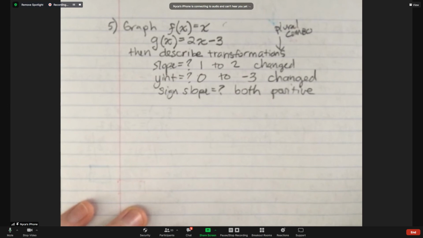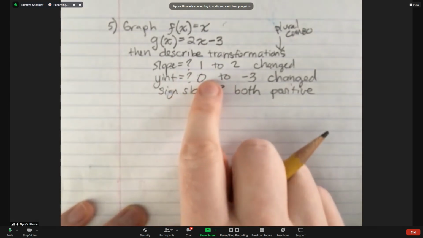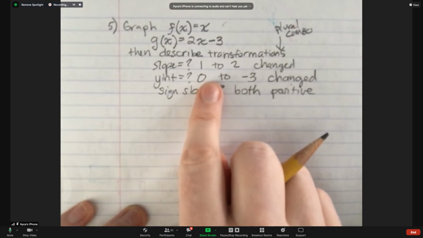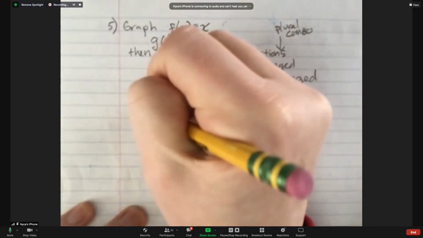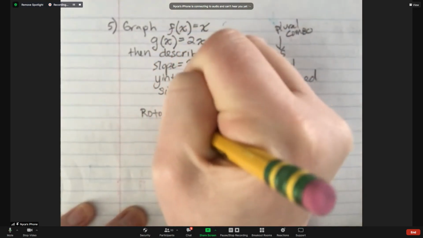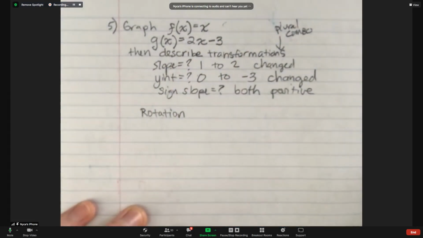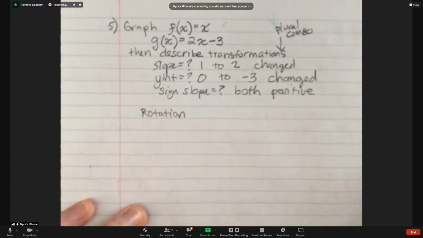All right, so now let's see what would happen with the other ones. If the slope changed, which one says the slope changed? Rotation. So rotation must have occurred with this. And when you rotated it, what else happened here? Rotation, and then now look at your B's.